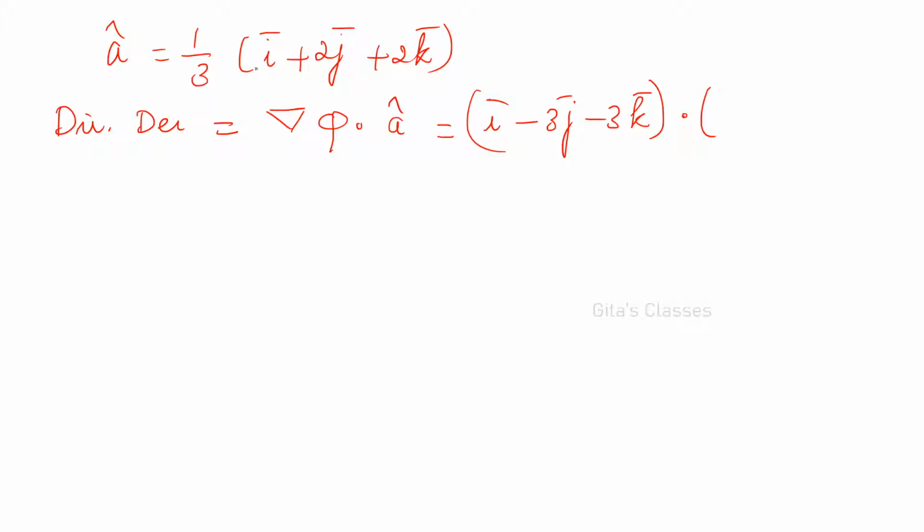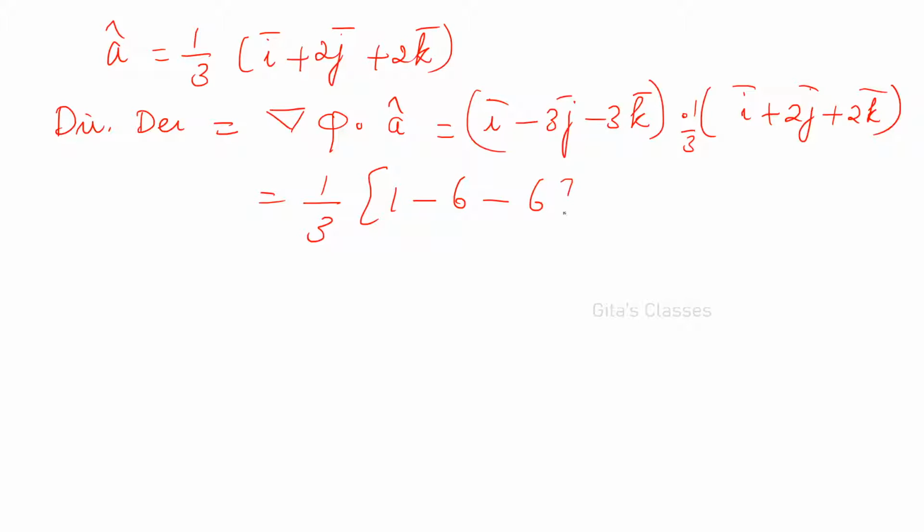Dot product with A cap, which is 1 by 3 into i plus 2j plus 2k. So 1 by 3 into 1 minus 3 plus 2, so minus 6, that is minus 6 by 3. Hence, you will be getting minus 2 as the directional derivative.